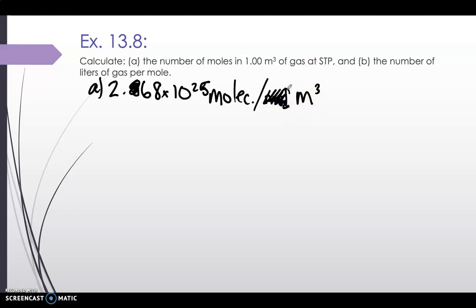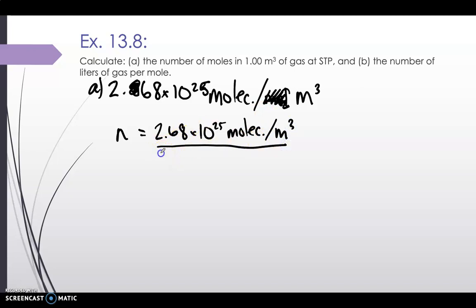So if we want to know the number of moles per meter cubed, we would take that value, molecules per meter cubed, and divide it by Avogadro's number, 6.02 times 10 to the 23rd molecules per mole.